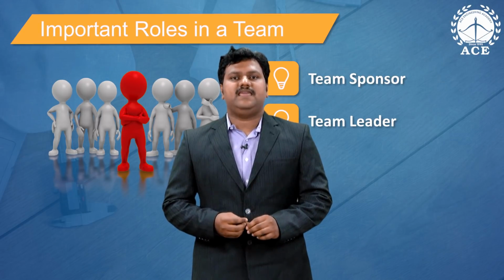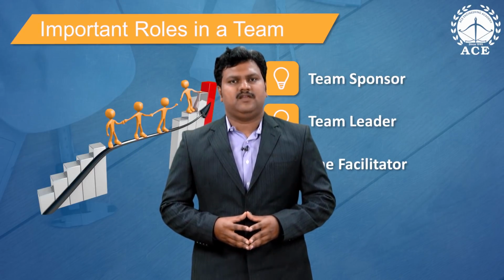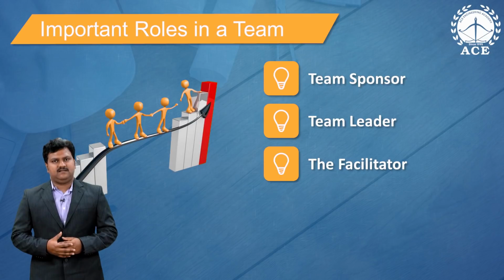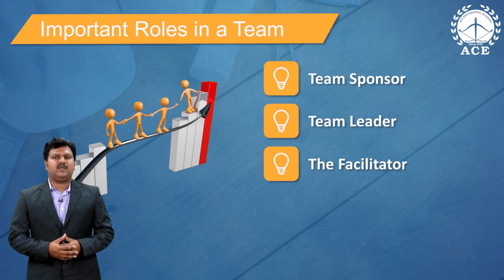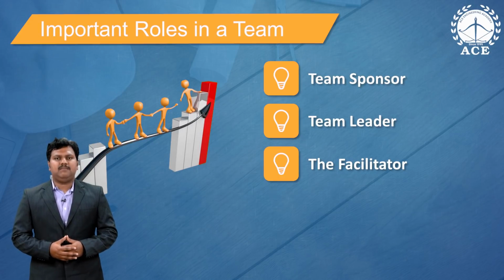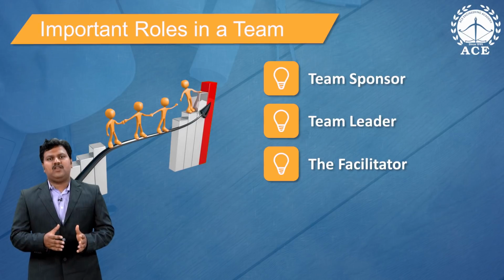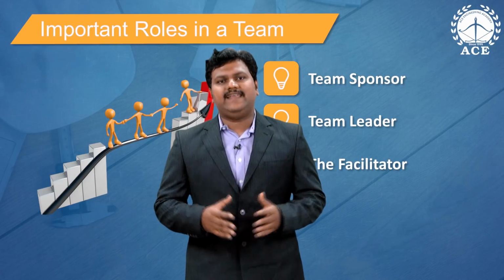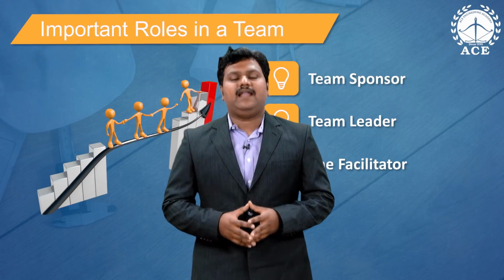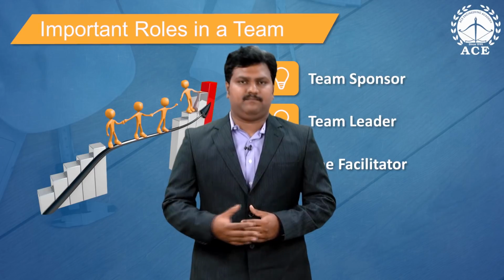The next person is the facilitator. A facilitator is a person who provides or trains the required skills for the team members, because all the team members who join the team will not be coming in with all the required skills. The facilitator, with the help of the team leader, identifies the skill gap and trains the team members for the same.